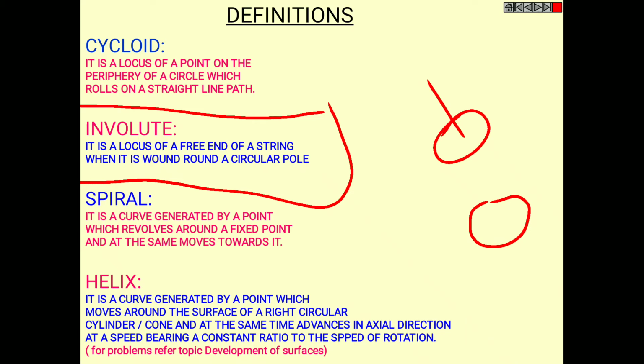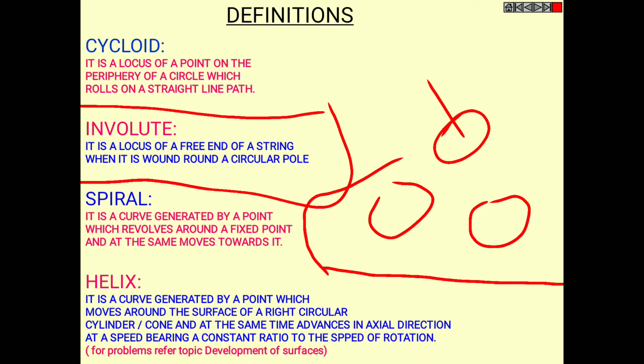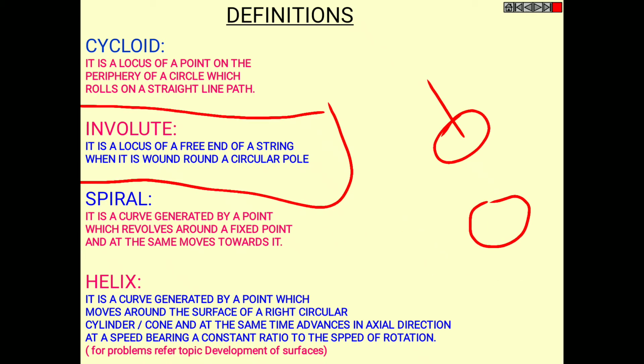It is the locus of a free end. If we cut this end and open it, we may get a straight string. How we just opened it, how we wound it, that path is called an involute.